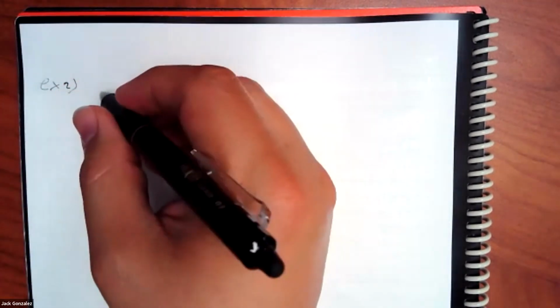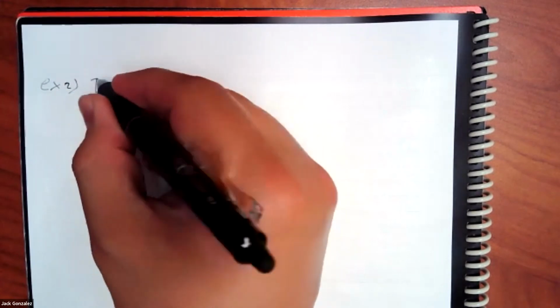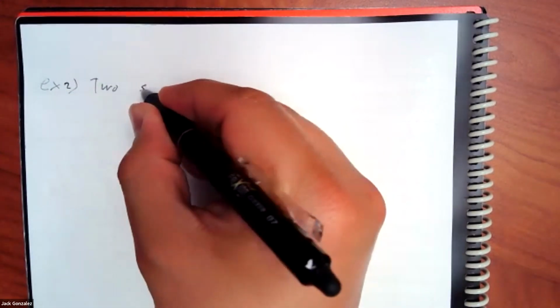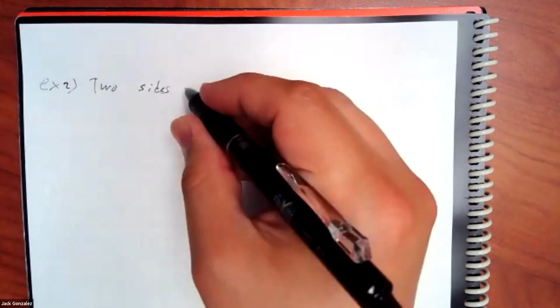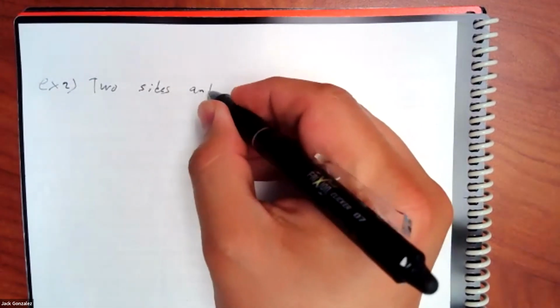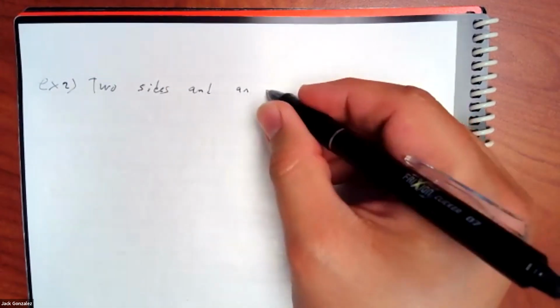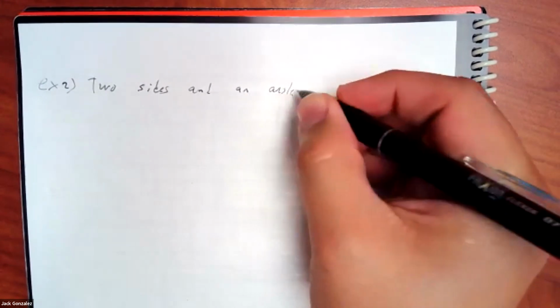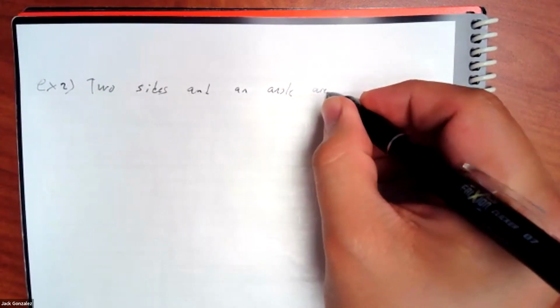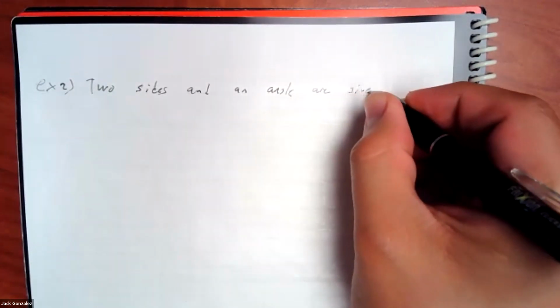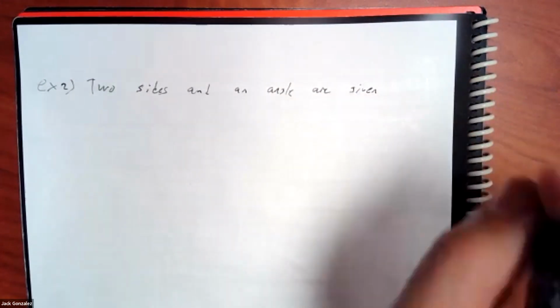Well, next example, even though I know there's probably only going to be 1 triangle, I'm going to go ahead and show you how to test. So example 2. Two sides and an angle are given.